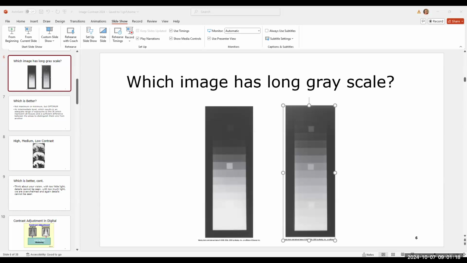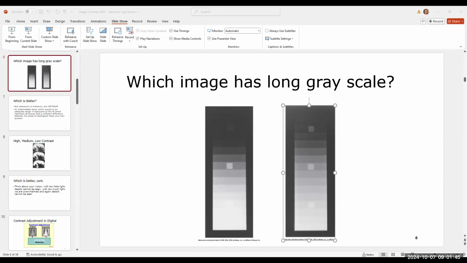Because of that change in intensity, we have to change mass if we're going to compensate and keep receptor exposure maintained. So the relationship between the SID and the mass is direct, and that is correct.